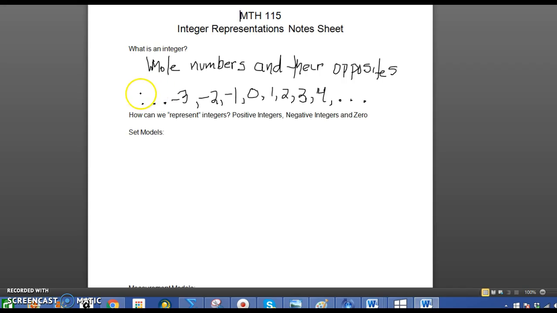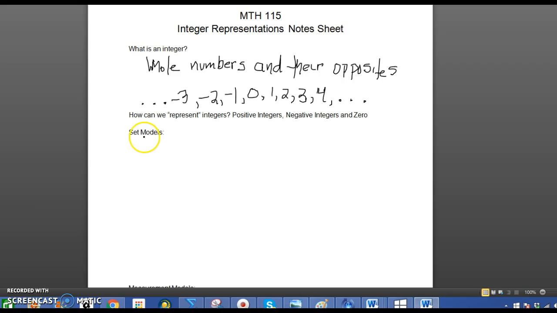And so on. All right, so in terms of representing integers, when we're introducing different numbers, different operations, everything, we like to have concrete models. So when we're representing integers and teaching students about integers, we once again use set models, just like we did for whole numbers.